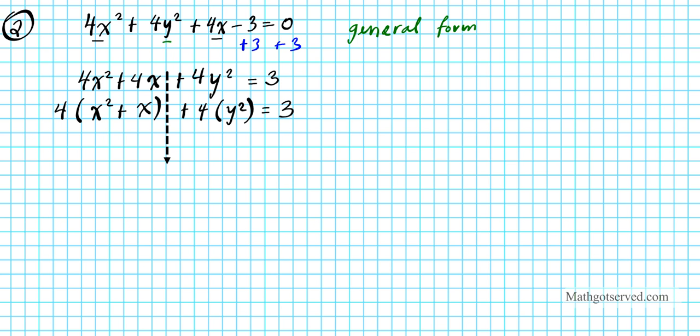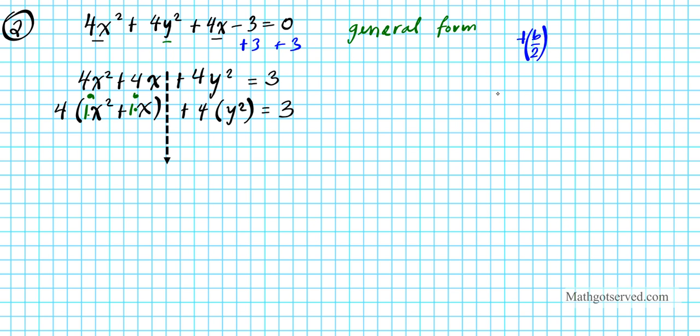Okay, now we're going to complete the square. Now, a for the x world is going to be inside the parentheses. It's going to be a 1. And the b for the x world is also going to be inside the parentheses, which would be a 1 also. All right, so remember, to complete the square, you add b over 2 squared to the binomial of the form ax squared plus bx, where a is 1, and that will create a perfect square trinomial.